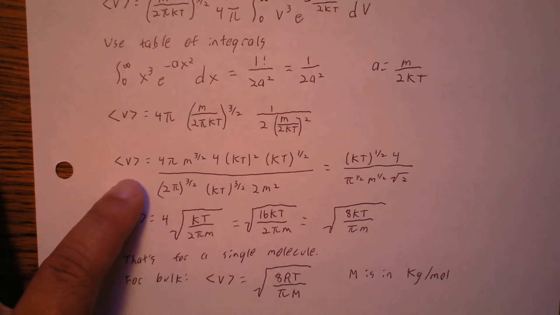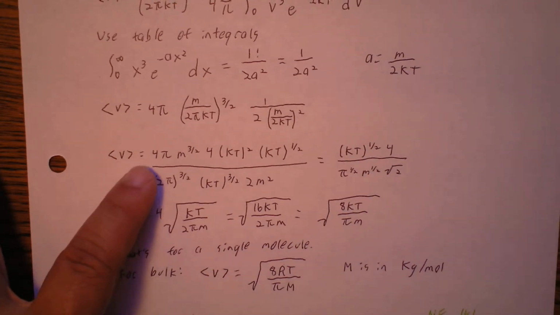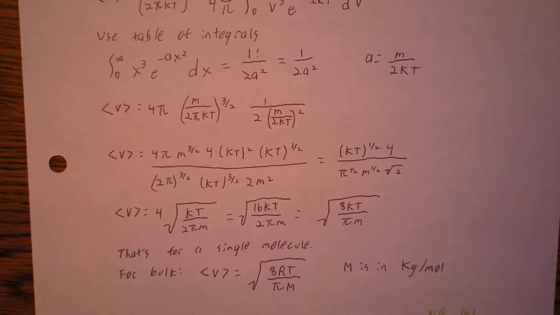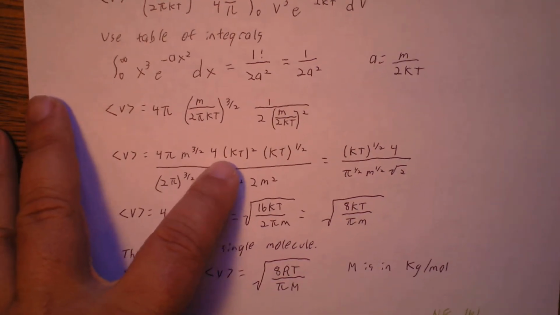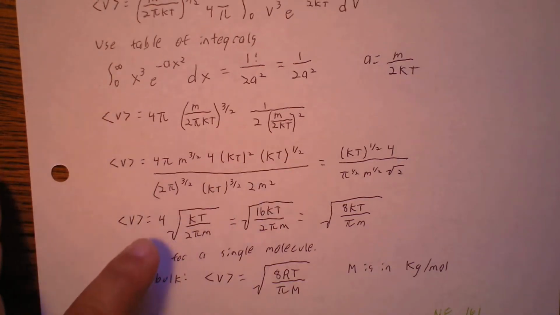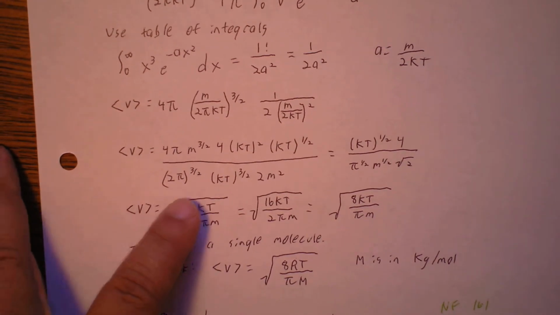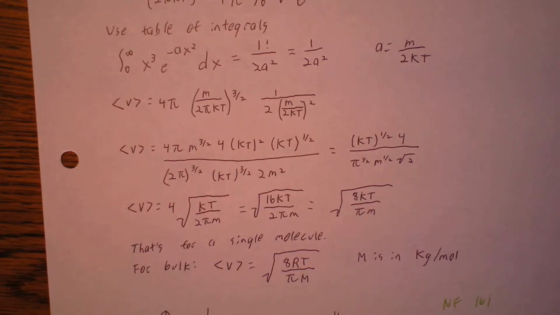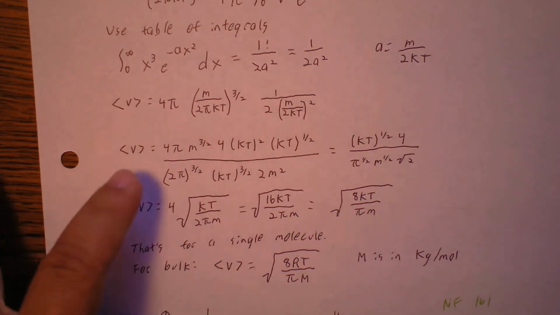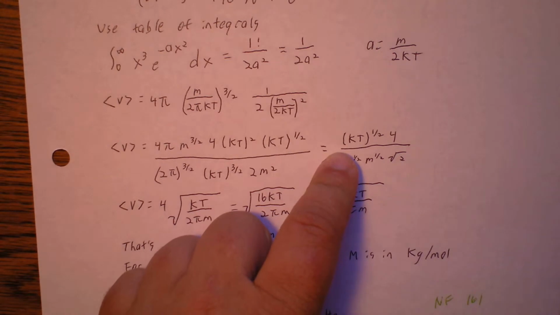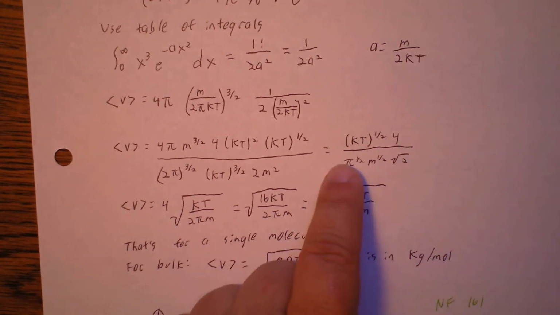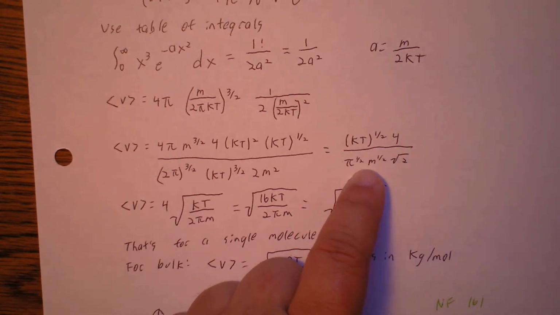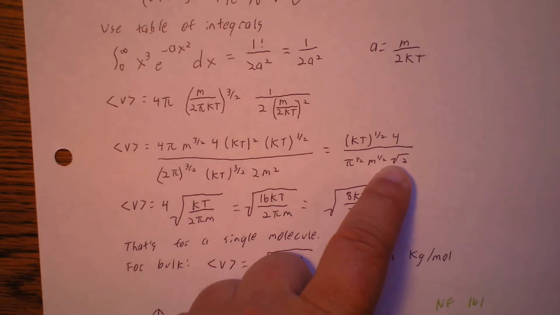So we get the average speed is equal to 4 pi times mass to the 3/2 times 4 times the quantity kT squared times kT to the 1/2 over 2 pi to the 3/2 times kT to the 3/2 times 2 over m squared. Simplifying out terms, we get k to the 1/2 times 4 over pi to the 1/2 times mass to the 1/2 times the square root of 2.